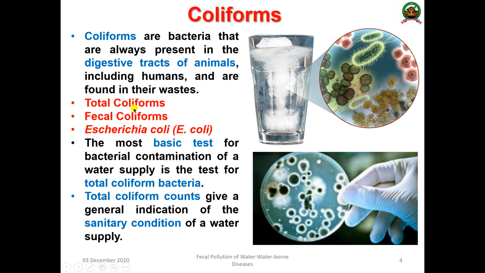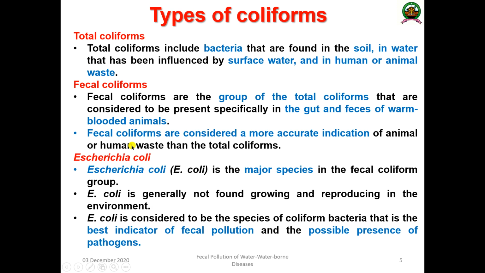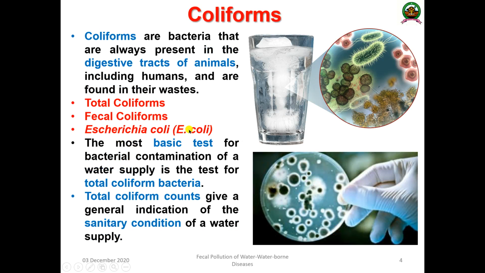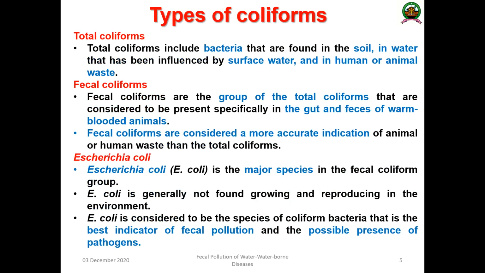So these are the three types of coliforms I told you about: total coliform, fecal coliform, and E. coli, otherwise known as Escherichia coli. Why is it known as Escherichia coli? The scientist Escherich is the person who first discovered and isolated E. coli. Then what is total coliform?